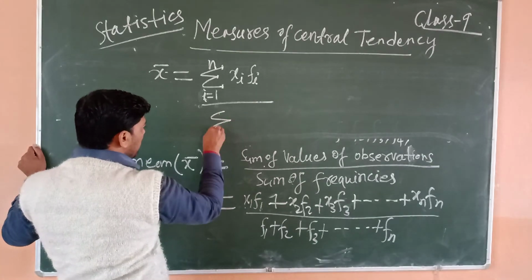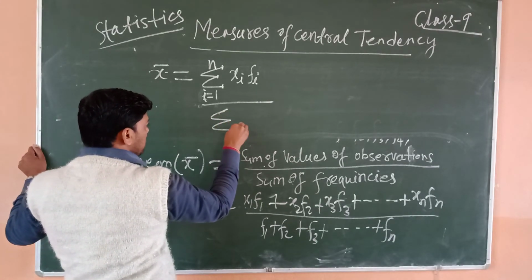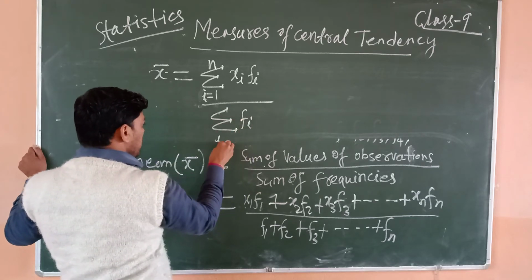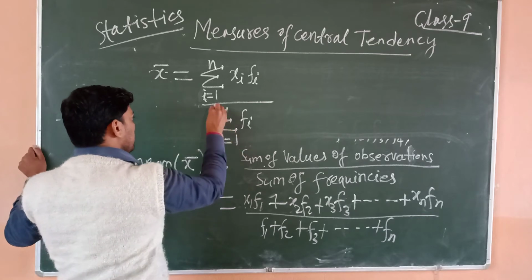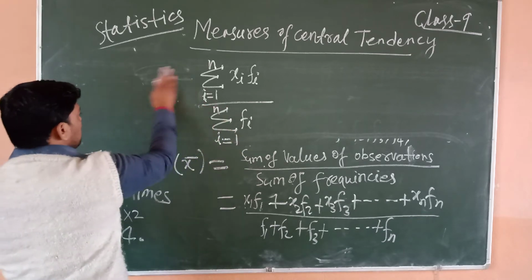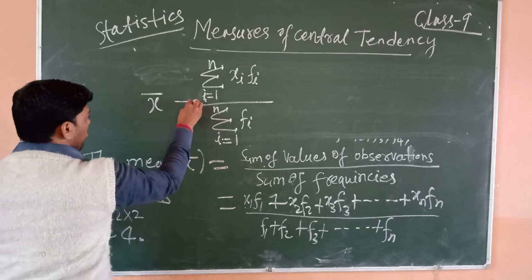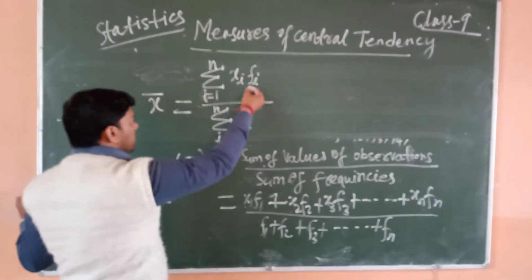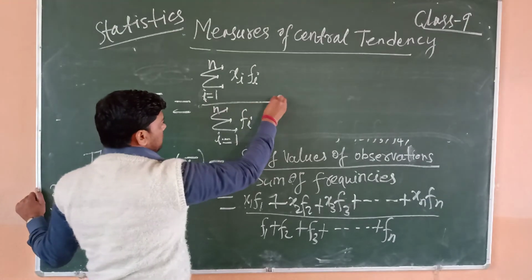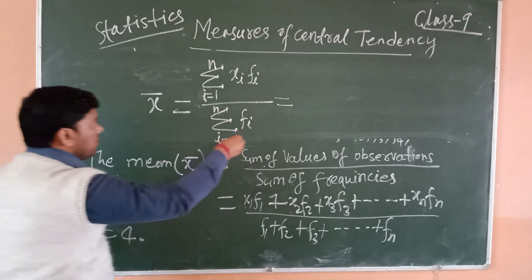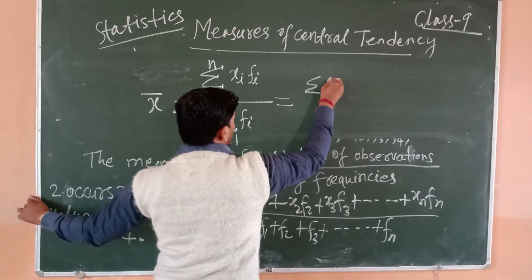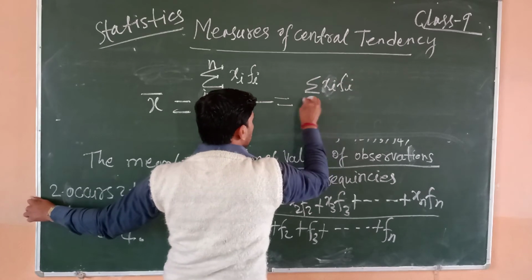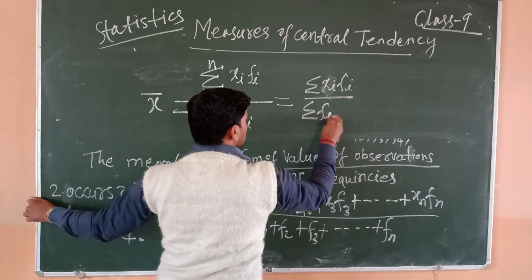For this also we can use sigma fi, where i varies from 1 to n. So this is the formula for finding the mean if frequencies are given. Simply we can write it sigma fi xi or xi fi by sigma fi.